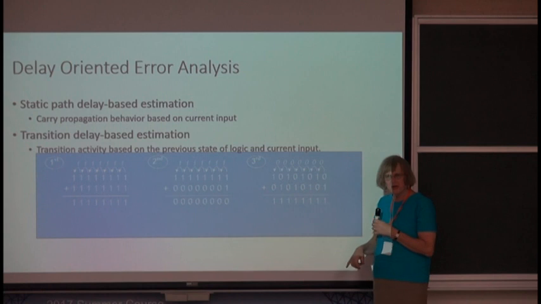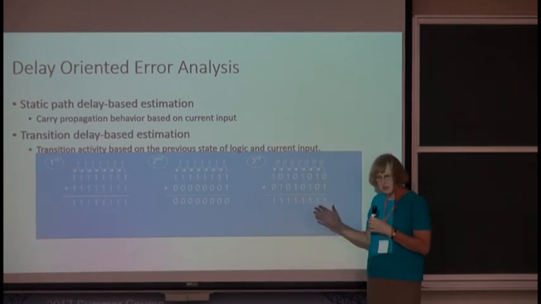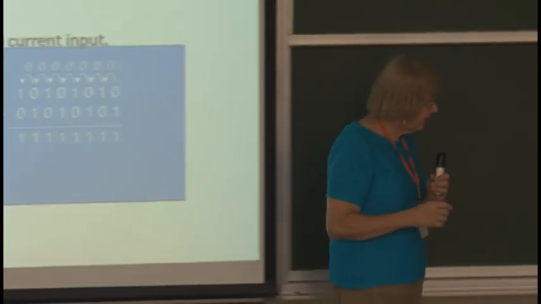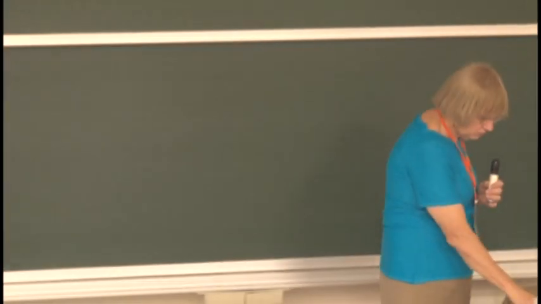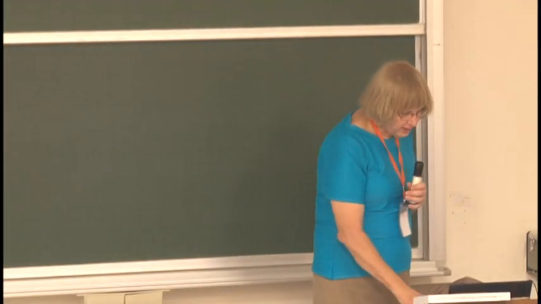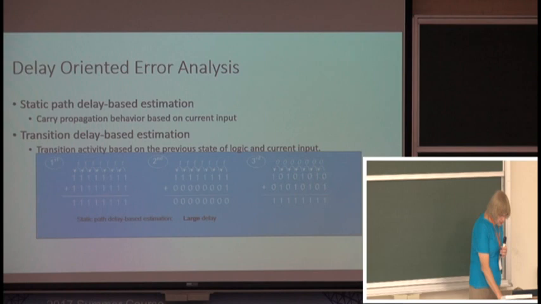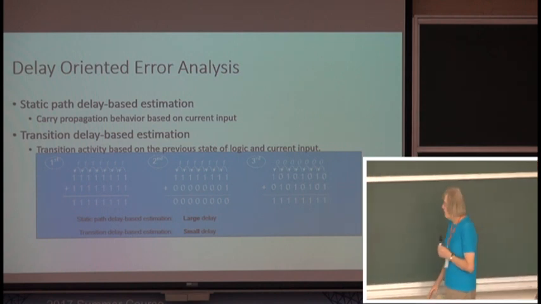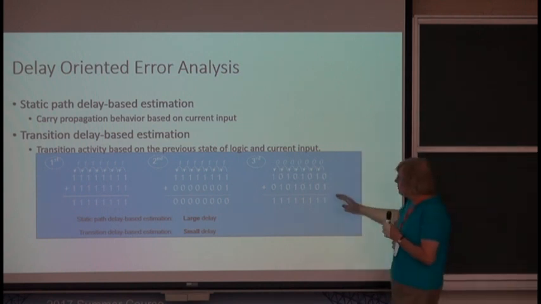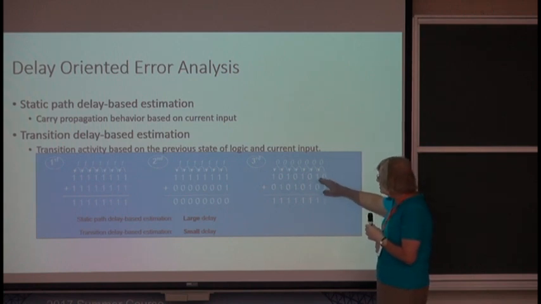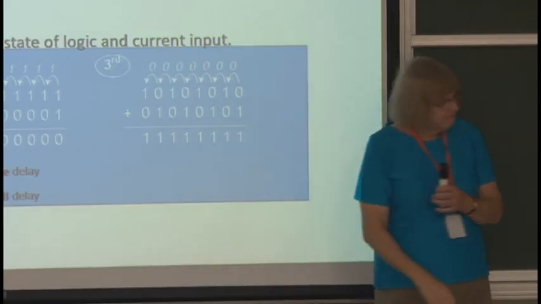In fact, there are no carries anywhere. That should be the best case. The delay depends on the inputs, clearly, and it depends upon the state of the carry chain.